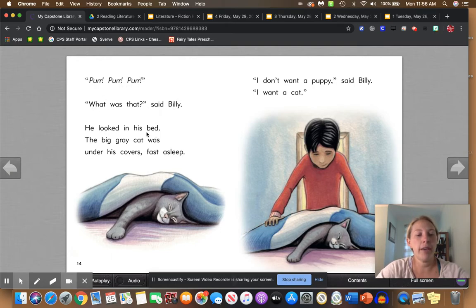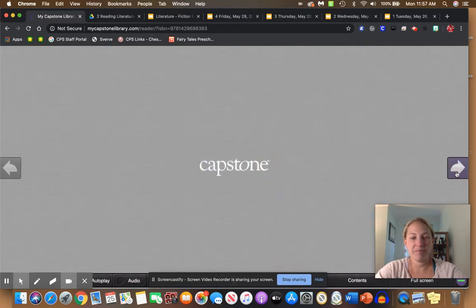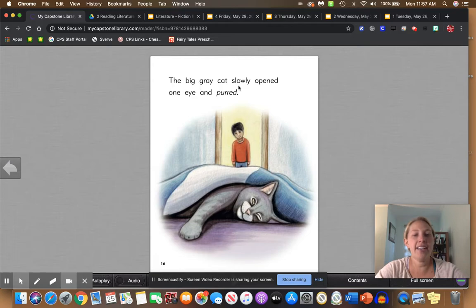He looked in his bed. The big gray cat was under his covers, fast asleep. "I don't want a puppy," said Billy. "I want a cat." The big gray cat slowly opened one eye and purred.